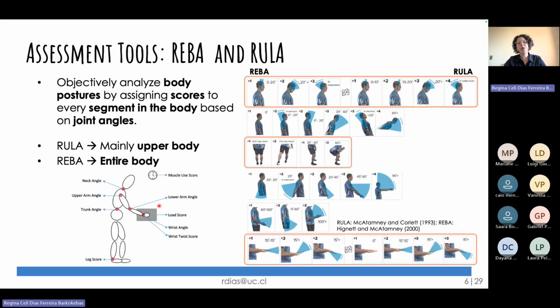So it also considers if I'm repeating that task more than 3 times, for example, per minute, or if I am in a static position, so if I'm holding a weight for more than a minute, for example. So this basically covers all the main factors that can cause injuries in the industrialized construction industry. So that's why I use both of these tools, REBA and RULA.